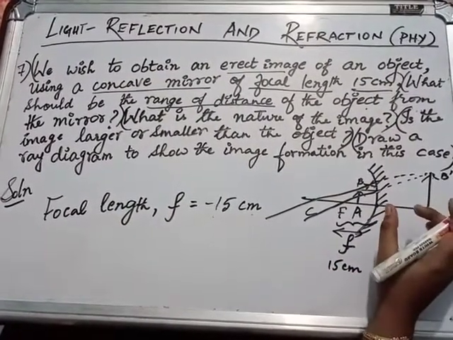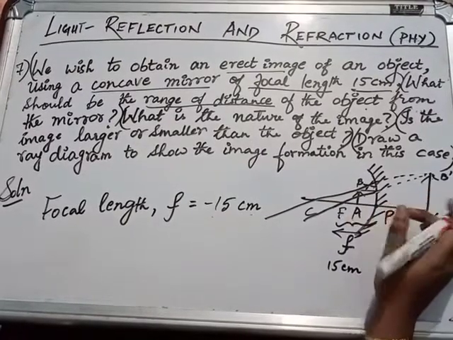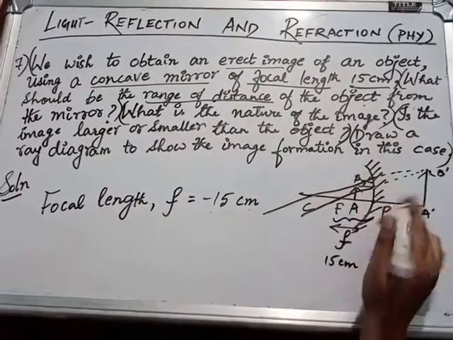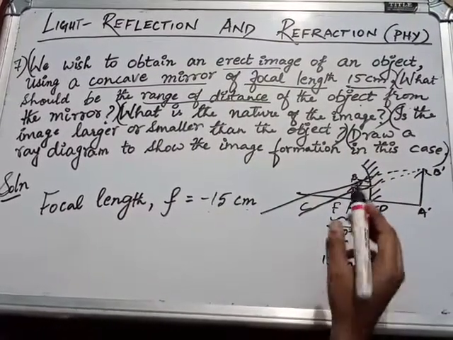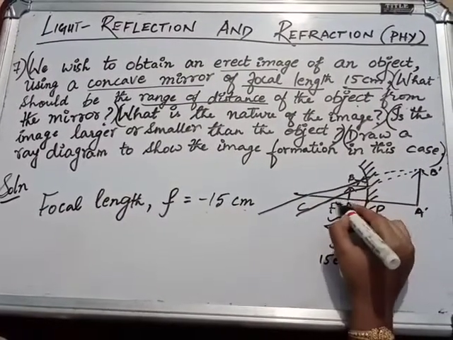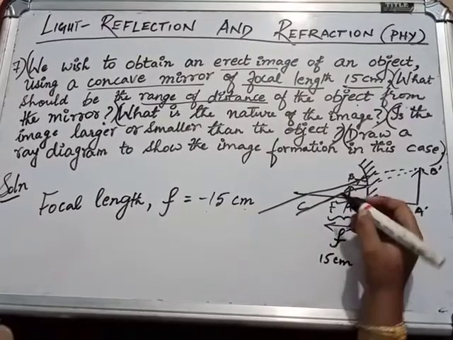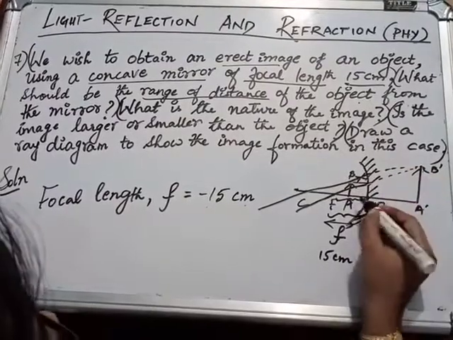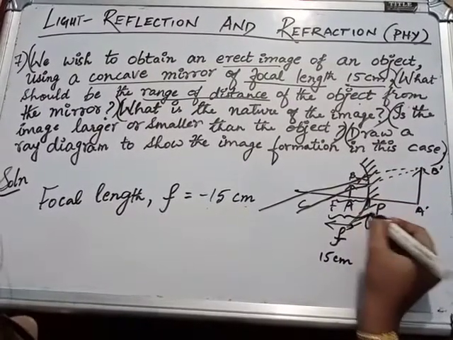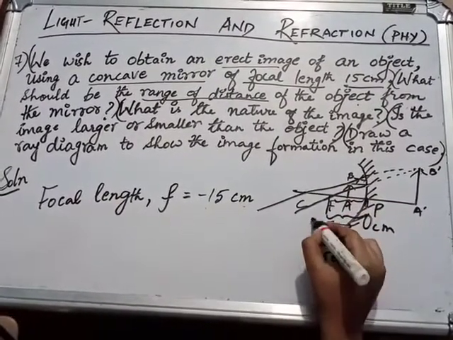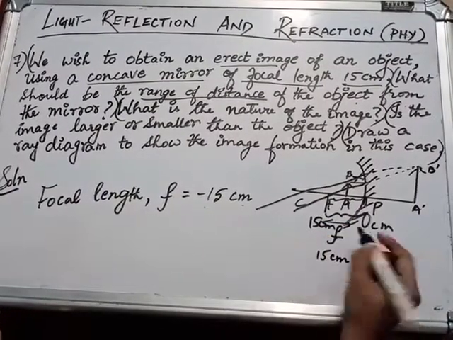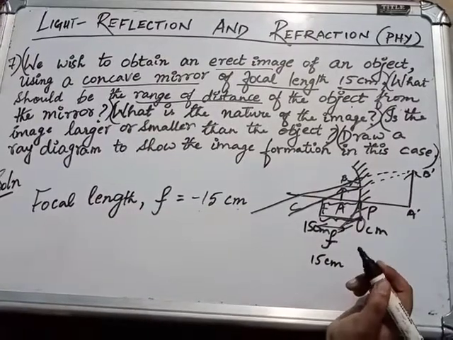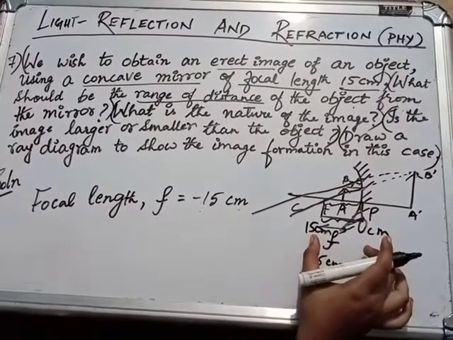Now where should our object be placed? Where is our object? It is less than 15 centimeter, between 0 centimeter and 15 centimeter, right? Between 0 centimeter and 15 centimeter our object is placed.